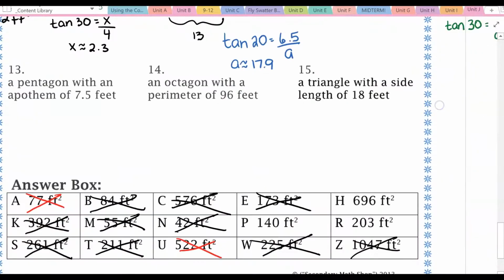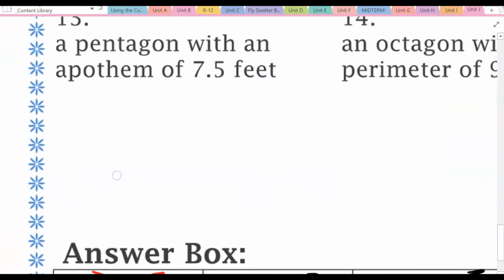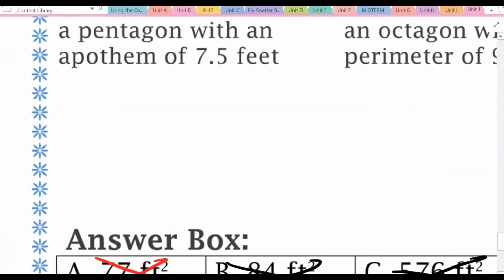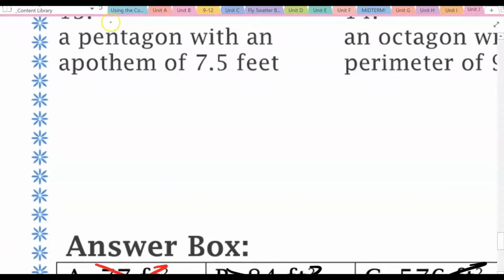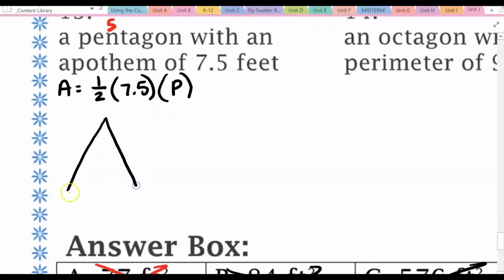Number 13. This time they're talking about a pentagon, so we know we're dealing with 5 sides, and they're giving us the apothem. So cool. Area is 1/2 times our apothem of 7.5, and now we're going to use that to find the perimeter. Just like the last couple of problems, I'm going to draw out a single central angle in my pentagon.